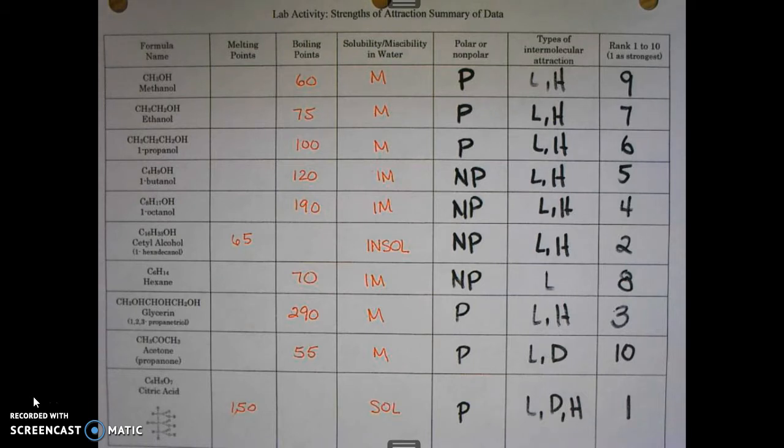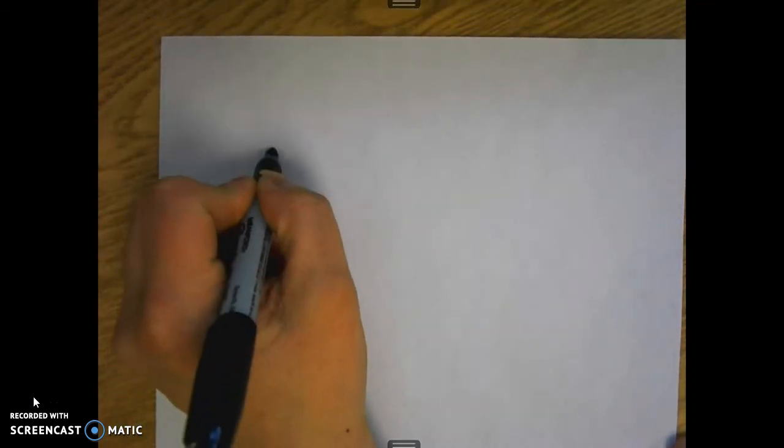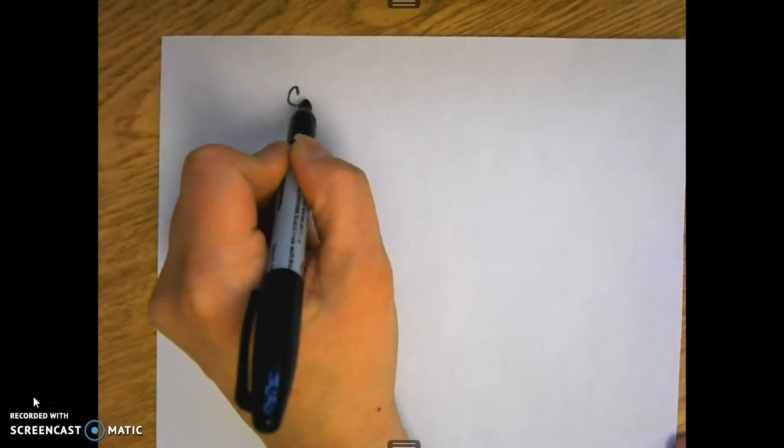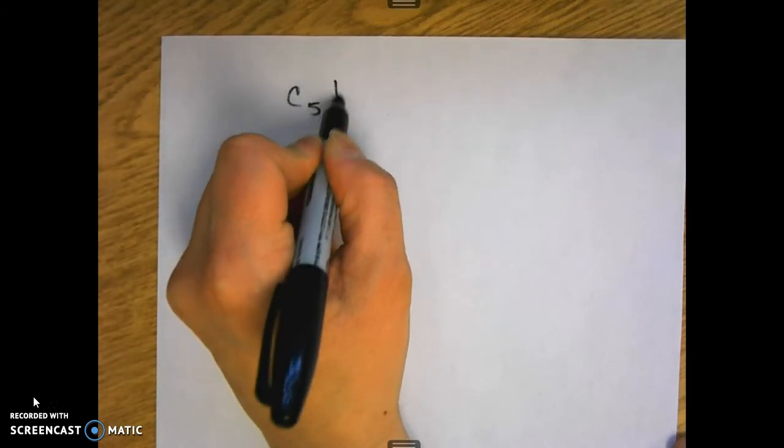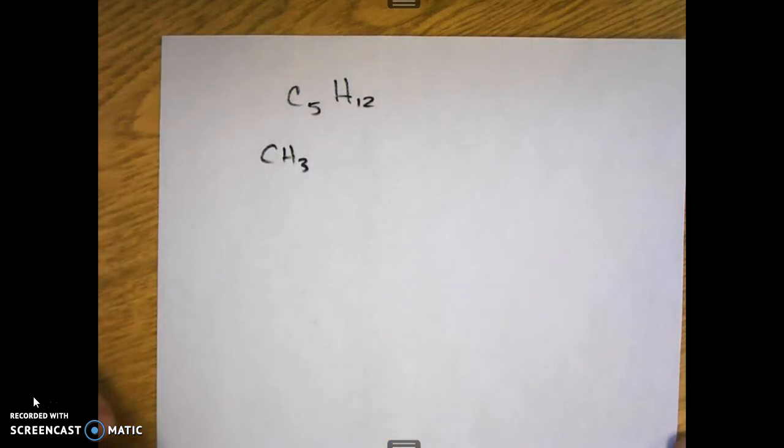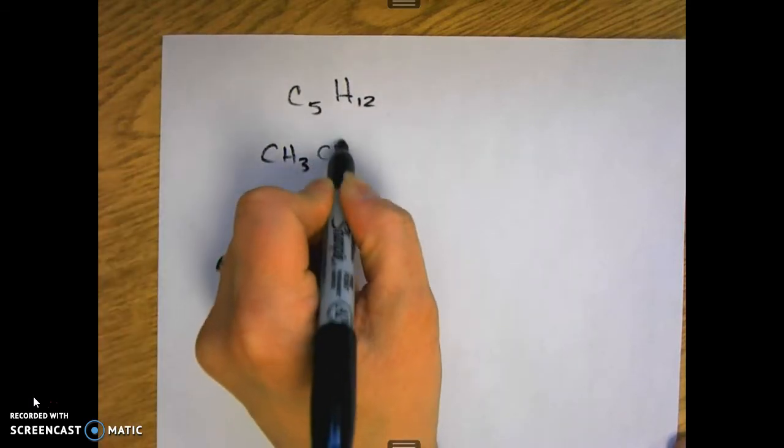Now, to do that, don't turn off the video, because there's one other idea that I want you to include in that summary. And that is branched hydrocarbons. This is a little sidebar, but it's something that I think is important for you guys to also see. If we were to compare substances with the C5H12 formula, let's look at different isomers.